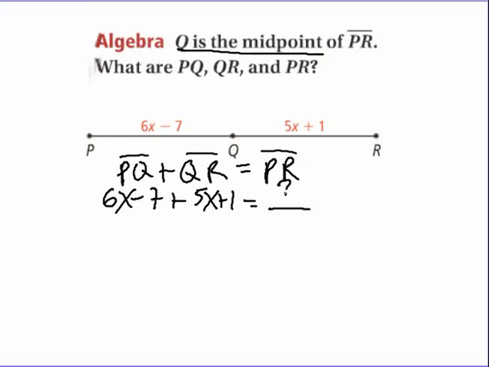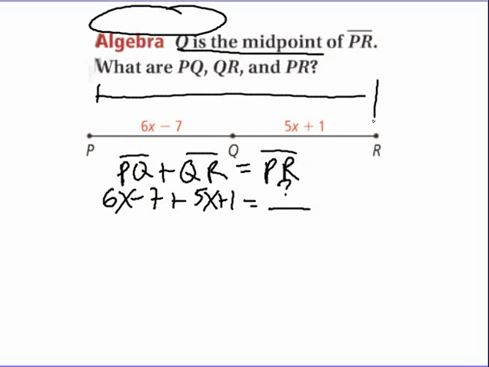They didn't give me information up here, nowhere. I don't know what this whole length is. So again, I could go back and say that it equals 6x minus 7 plus 5x plus 1, but that's just going to get me in circles where I'm going to find out that x equals x, and I don't need that. That's not what I want to do.